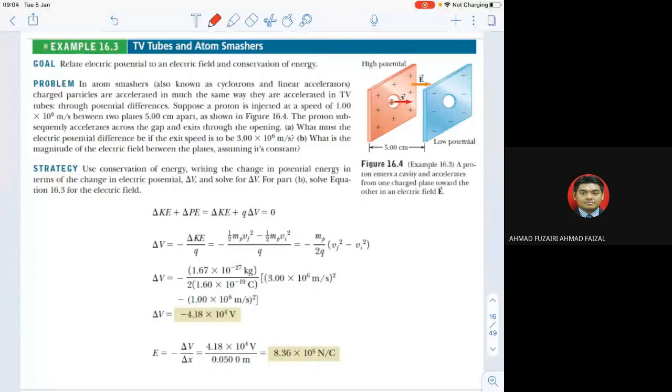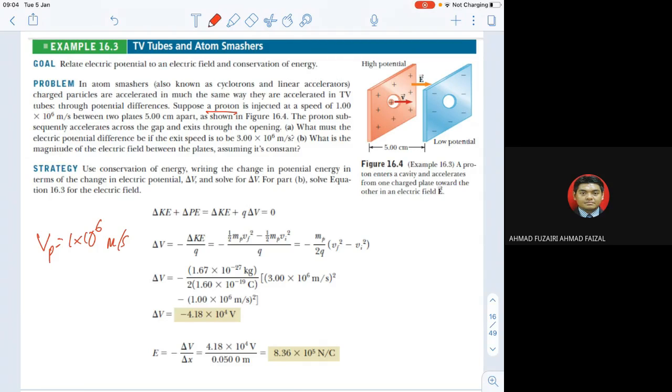Suppose a proton, which is a positive charge, is injected at a speed of 1 times 10 to the power of 6 meters per second between two plates 5 centimeters apart. One is high potential and one is low potential. As shown in the figure, the protons accelerate across the gap and exit through the opening.